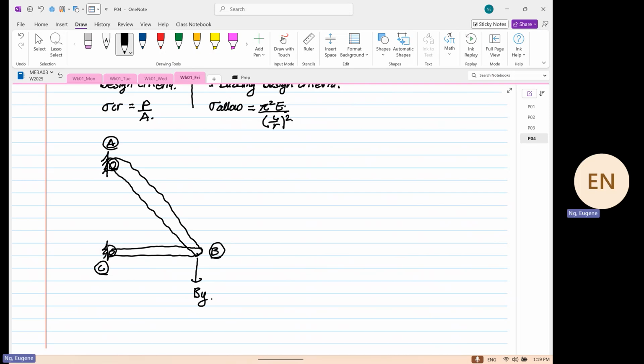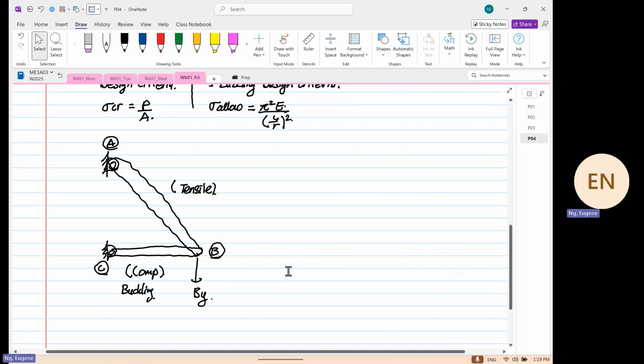If you look at this structure, member BC is under compression, and member AB is under what? Tensile. So you only do buckling in member BC.